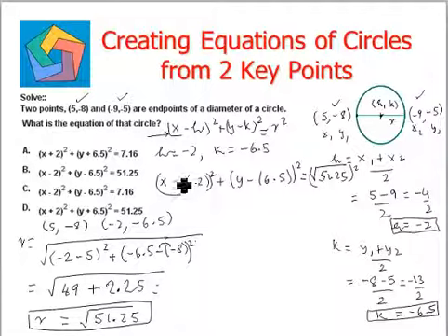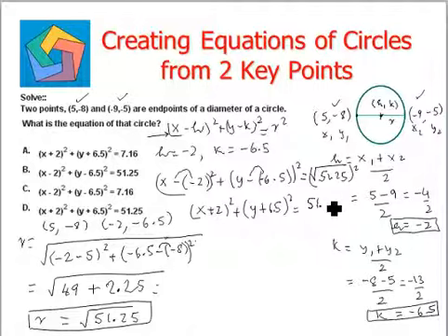So negative times negative is a positive, so x plus 2 whole squared plus, here also there is a negative sign, y plus 6.5 whole squared. Square of square root of 51.25 is nothing but 51.25 itself. So this is our final equation of the circle.